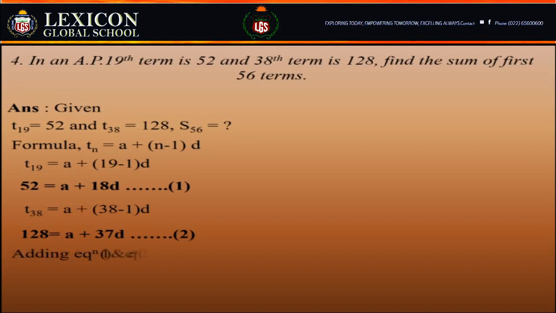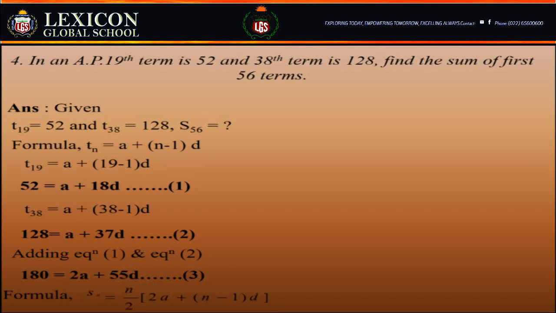Now we are going to add equation 1 and equation 2. When adding, we get 52 plus 128, which is 180, a plus a, which is 2a, and 18d plus 37d is 55d. After adding, we are going to substitute this in the formula of Sn.